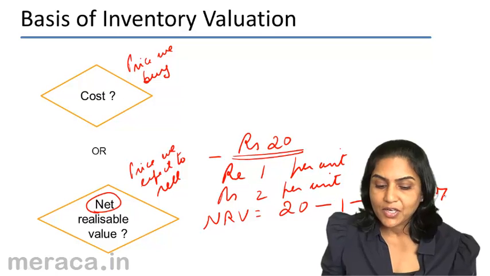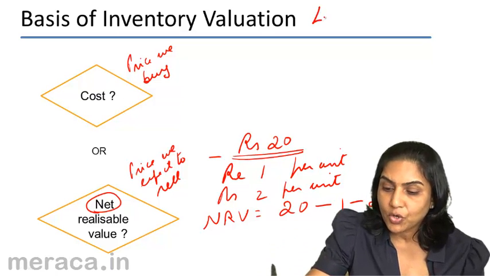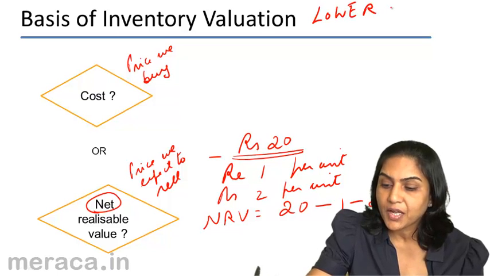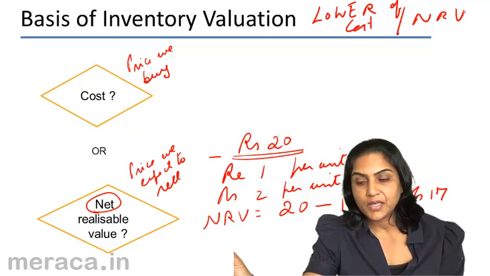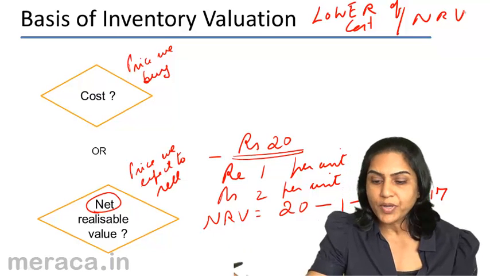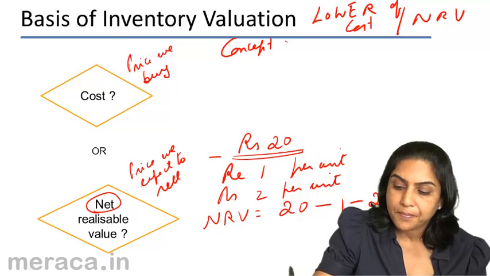We will value it at cost or net realizable value, whichever is lower. So it is going to be lower of cost or NRV. This is in accordance with the concept of conservatism.